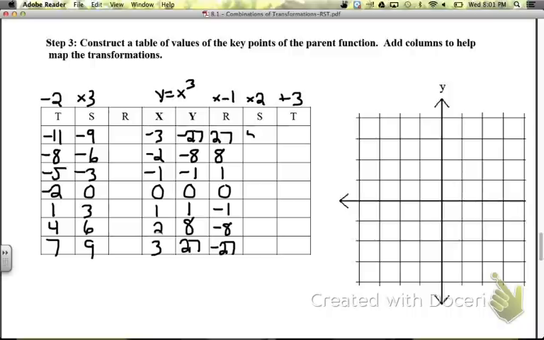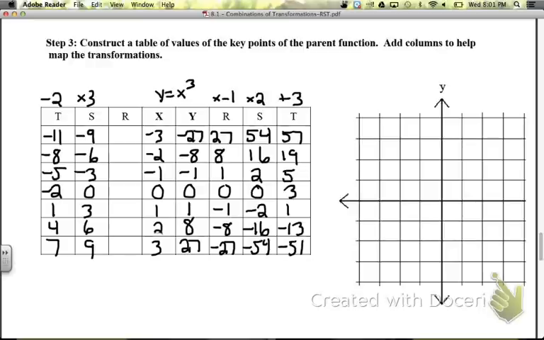So 27 times 2, 54, 8 times 2, 16, 1 times 2, 2, 0, negative 2, negative 16, negative 54. And the last thing that we're going to do is add 3. So 54 plus 3 is 57. 16 plus 3 is 19. 2 plus 3, 5, 3, 1, negative 13, and negative 51.